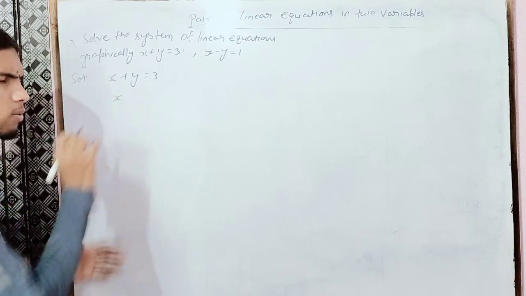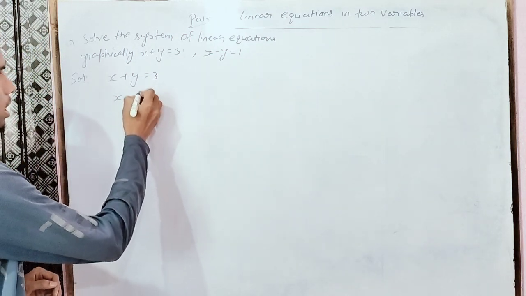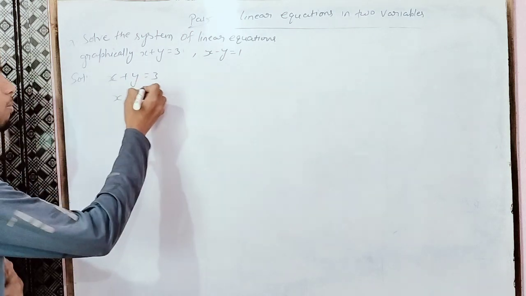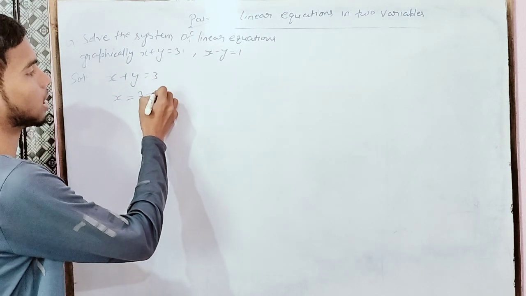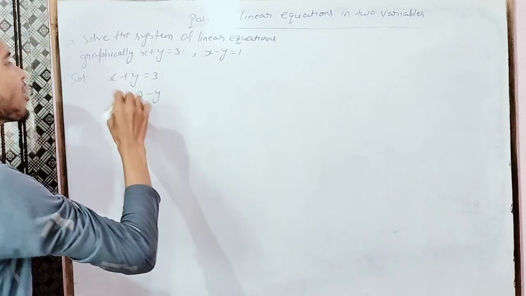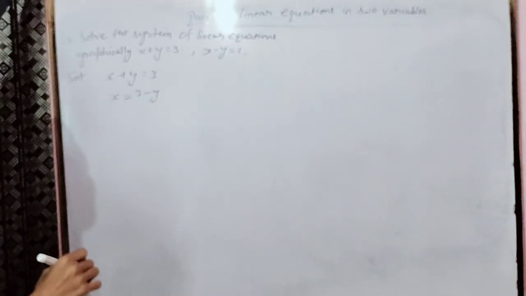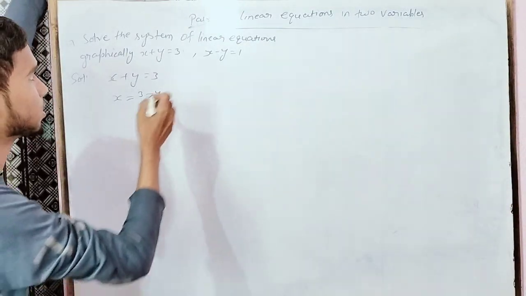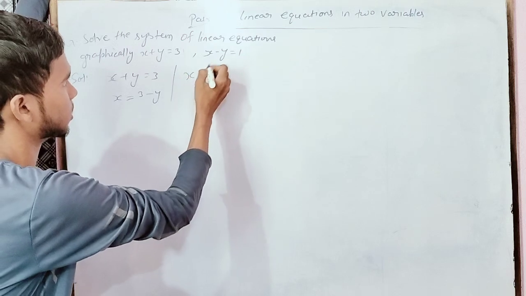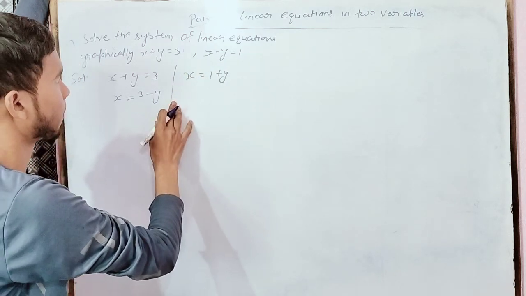So only one variable we are taking on one side. So 3 is on this side, and we are shifting this to that side. Okay. Now from here, this is one solution of a linear equation. Now second is this. So this will become this.